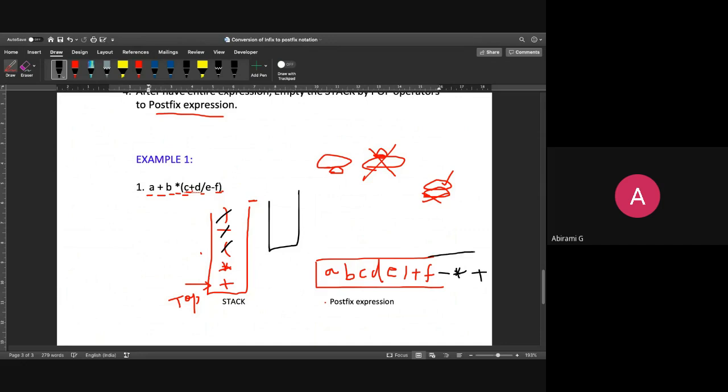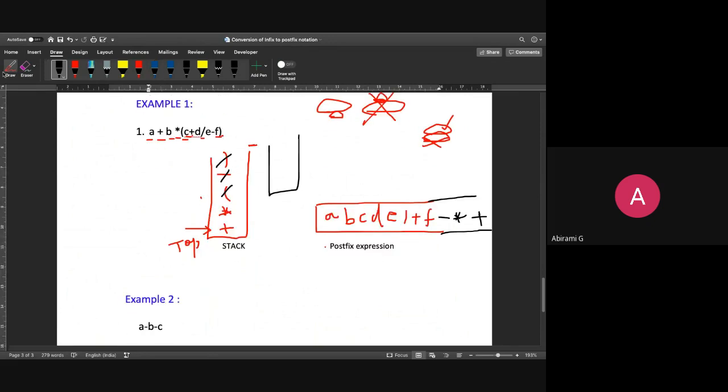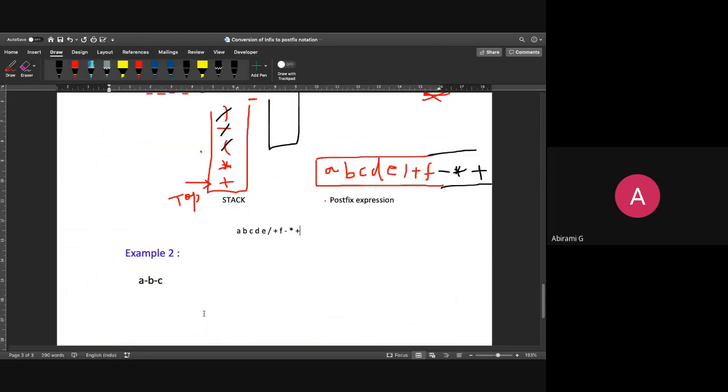So this is our final postfix expression: A, B, C, D, E slash plus F minus star plus. This is the postfix expression for the given input string.